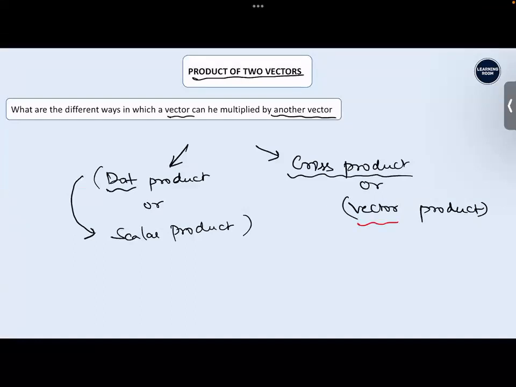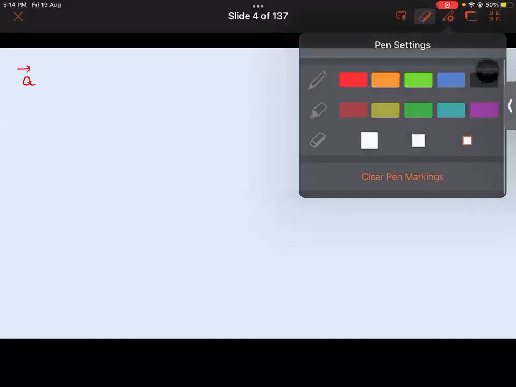Having this in mind, first we will start with the dot product of two vectors. So write down the heading as dot product of two vectors.